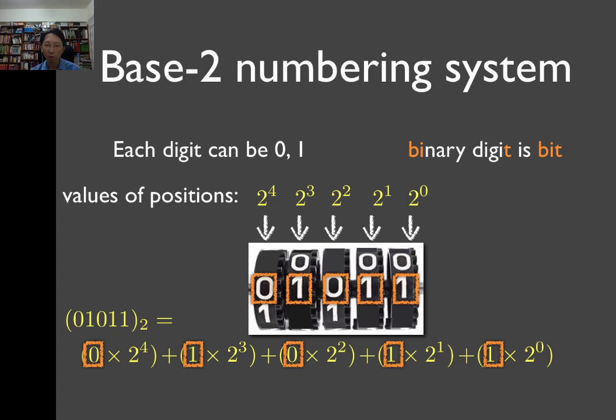It is 1 times 2 to the 0th power, and it is 0 plus 8 plus 0 plus 2 plus 1, and the result is 11, base 10. And we call this procedure the binary to decimal algorithm.